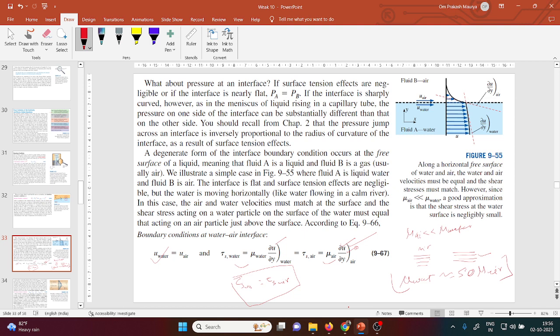Much deformation means that by applying a very small amount of force, air will be deformed very highly, so it will be deformed along with the water.